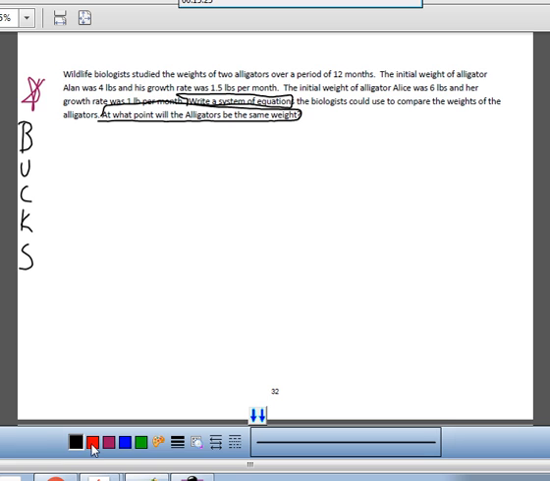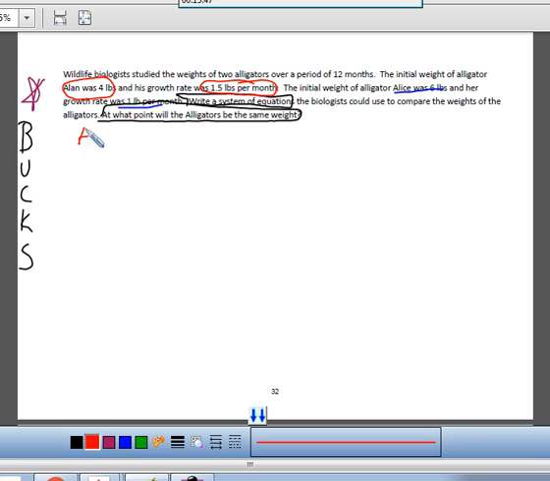Alright? Now, I am going to circle the stuff for alligator Alan. There's his rate and the weight, the initial weight. I'm going to underline the stuff for alligator Alice, 1 pound per month. And let's write that stuff down.